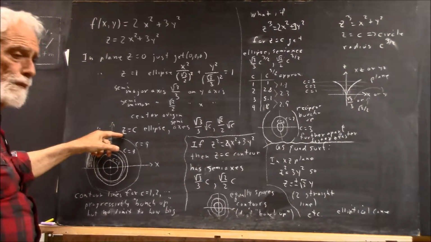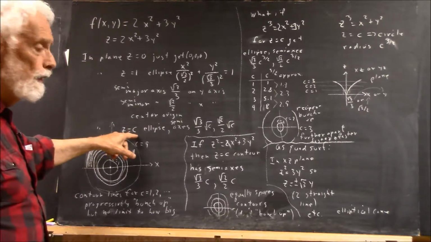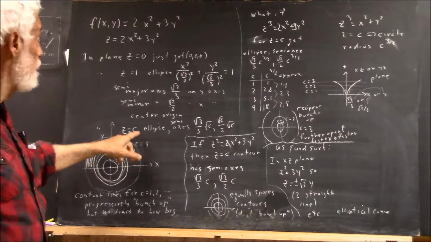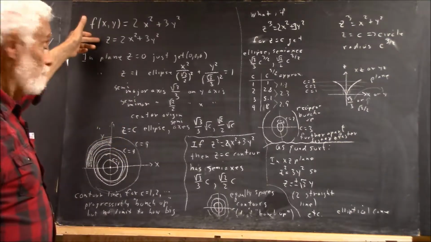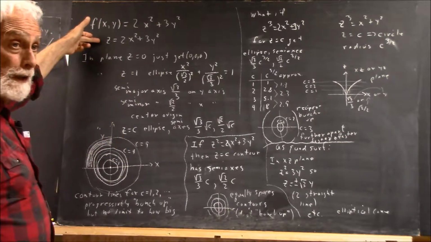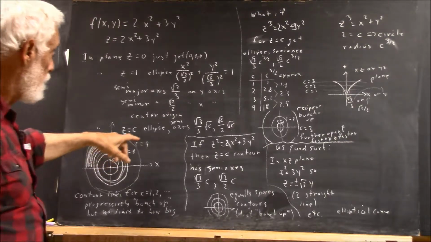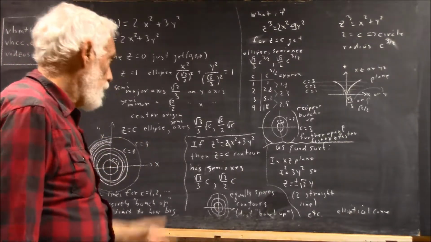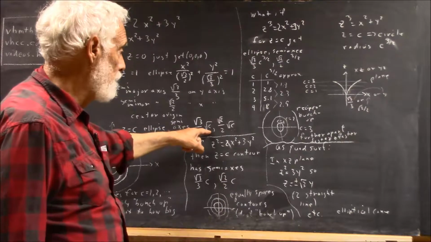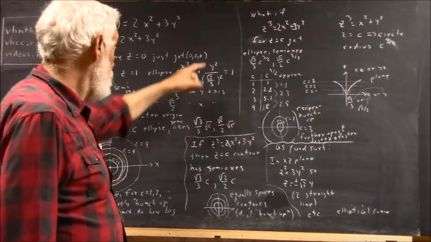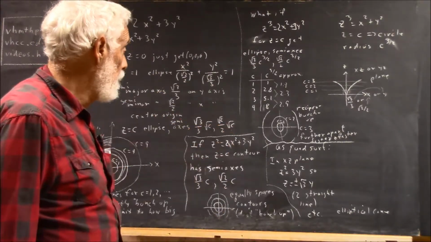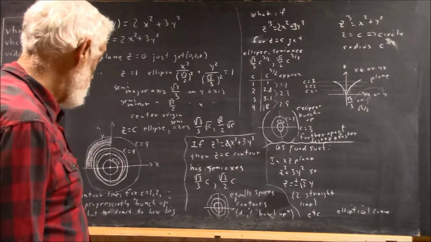So in general, the ellipse that we get when z equals c, where c is any non-negative number, has semi-axes of square root of 3 over 3 times the square root of c in the y direction, and square root of 2 over 2 times the square root of c in the x direction.